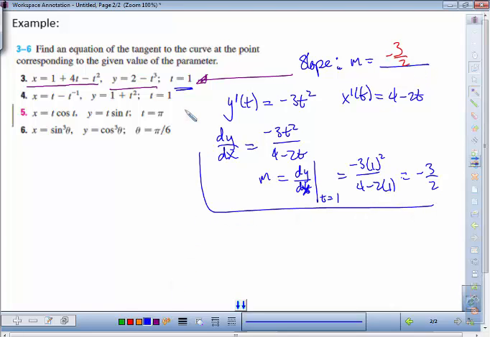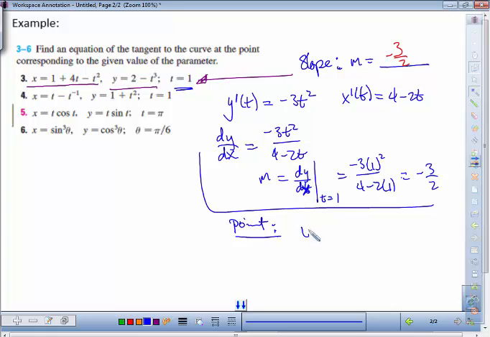So now I want a point. They gave me a t value, but when I'm looking at a point on an xy plane, I'm looking at an x and a y value.